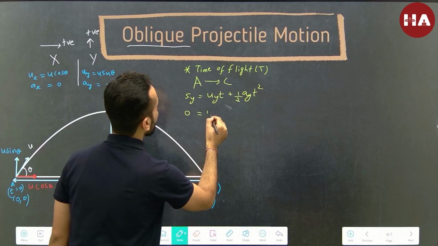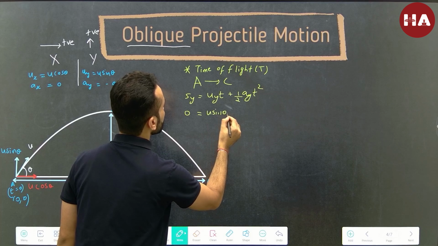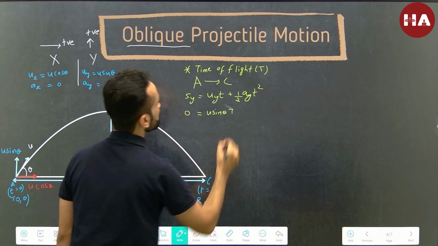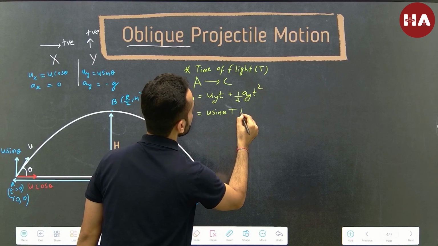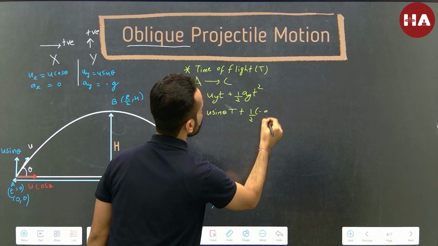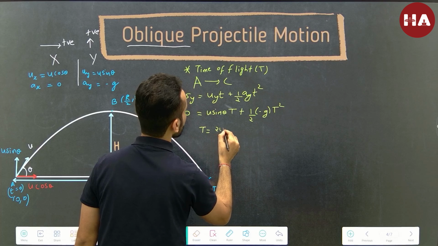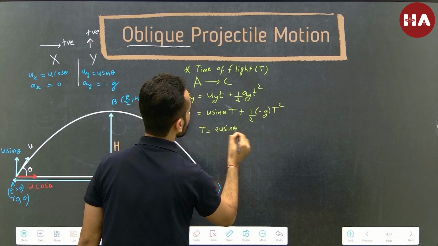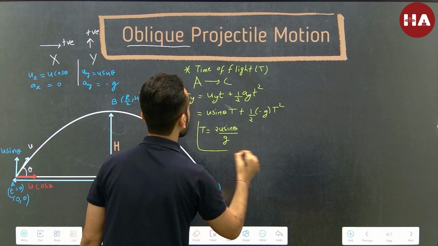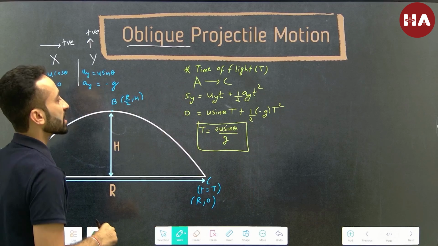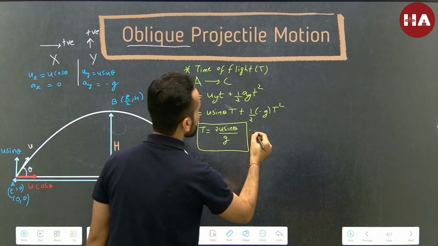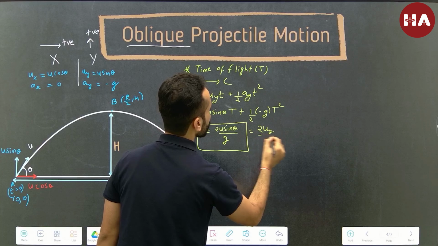What is uy now? u sin theta. All right, t plus half ay, which is minus g, times t squared. So t turns out to be 2u sin theta over g. Okay, this is the time of flight. You can also write it like this, 2uy over g.